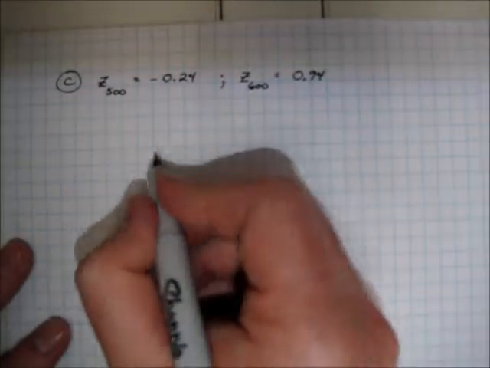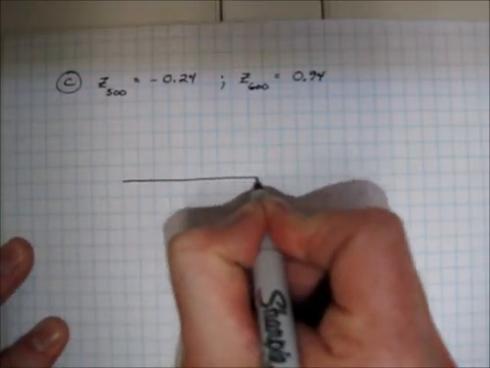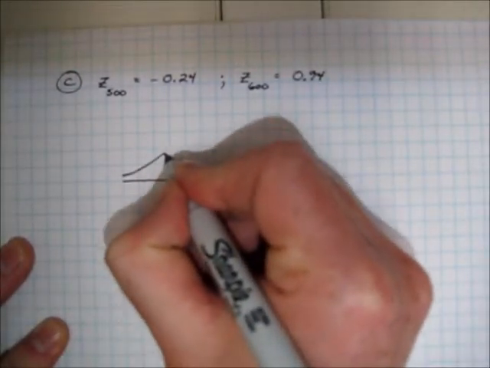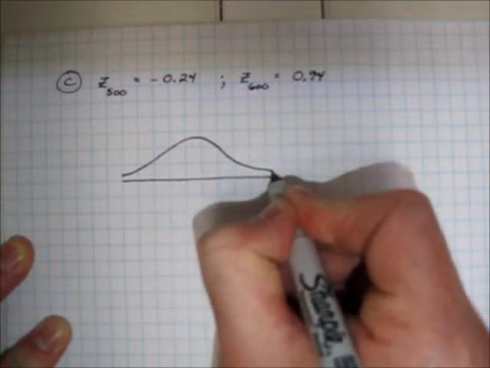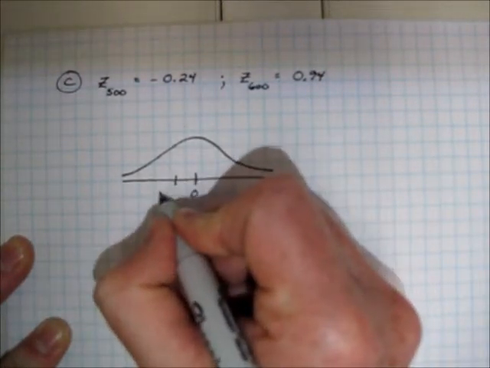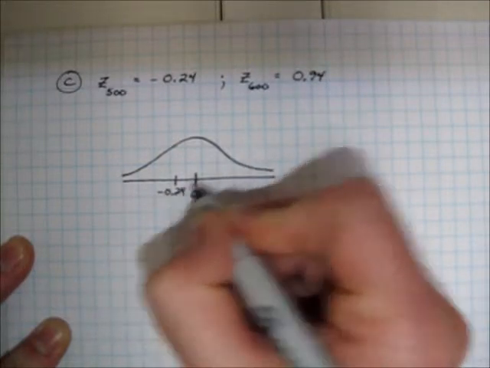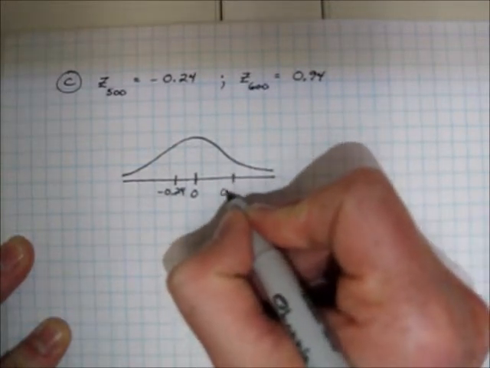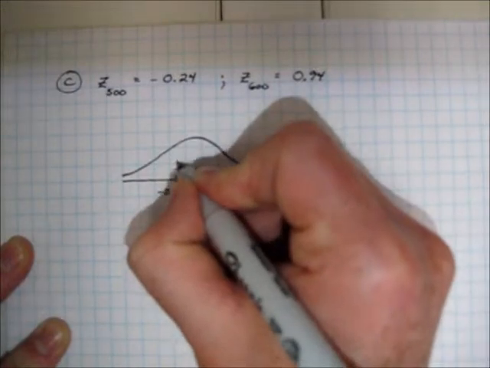And let's see if I can draw another bell curve here. So we know 0's there, negative 0.24 is over here, positive 0.94 is over there.